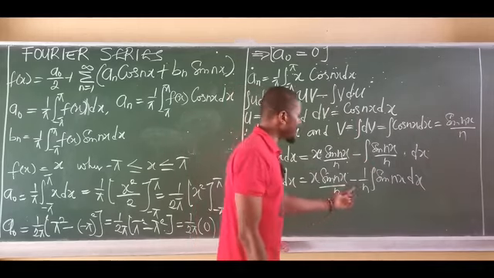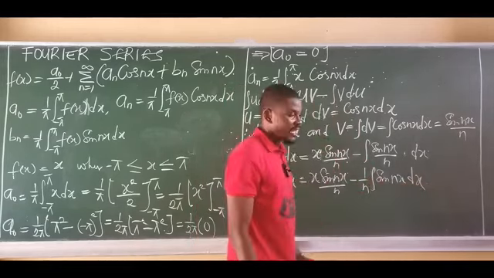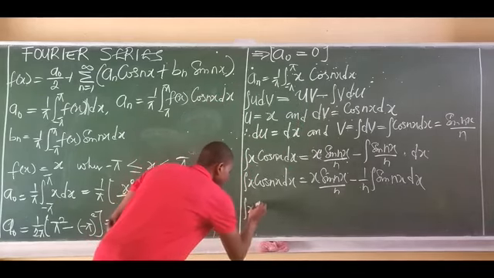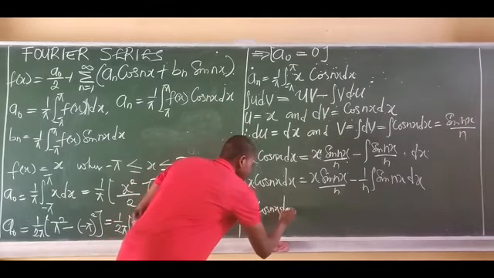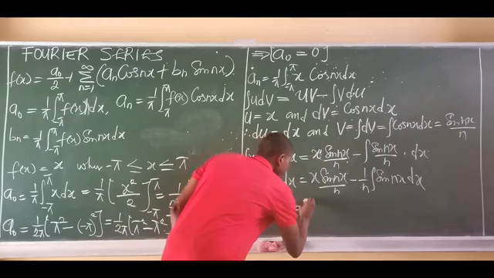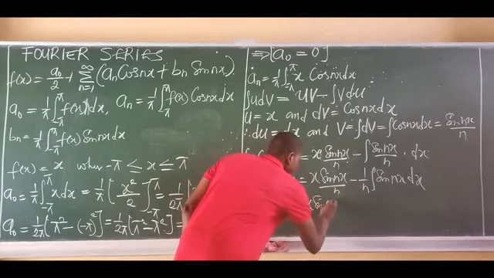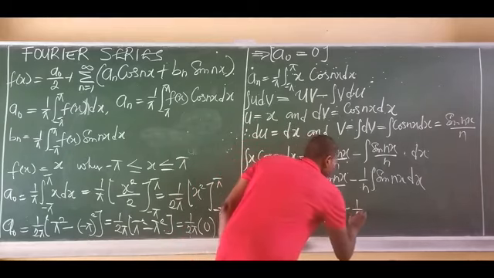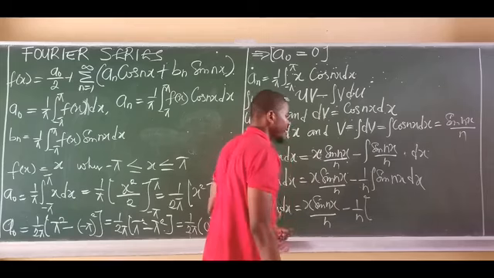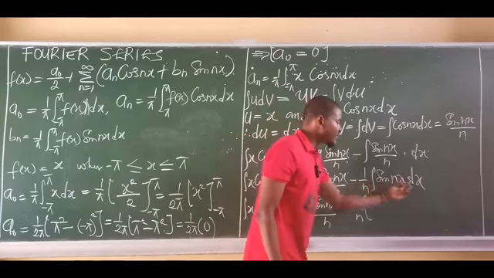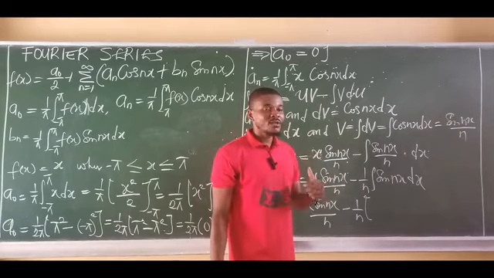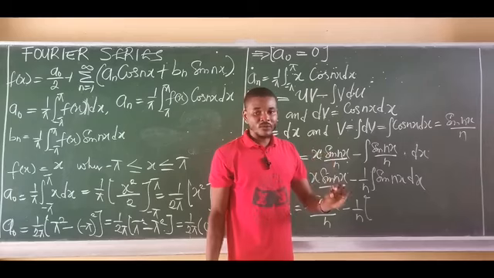So this simply means I still have to integrate sine nx all over n. Therefore, the integral of x cos nx dx is equal to x sine nx all over n minus 1 over n into, again, to integrate a trigonometric function, differentiate the angle, and use that derivative to divide the integral of the trig function.